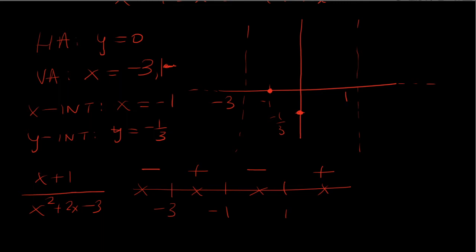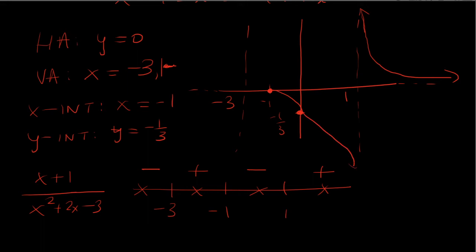Okay. So we have to be smart about this. To the right of 1, it's positive, but you want to be approaching the asymptotes. So we're going to approach the vertical asymptote, and then we're going to approach the horizontal asymptote like that. Now between negative 1 and 1, it's going to be negative. So we're going to connect here like this.